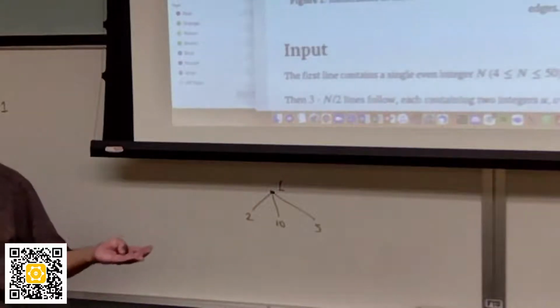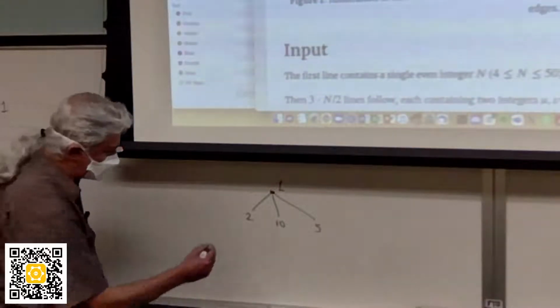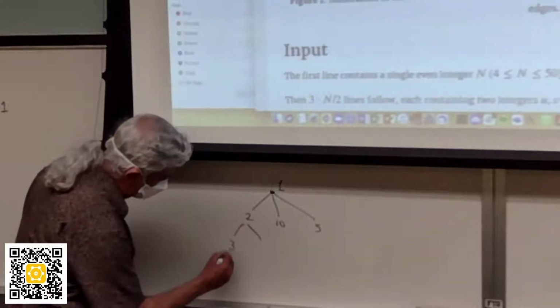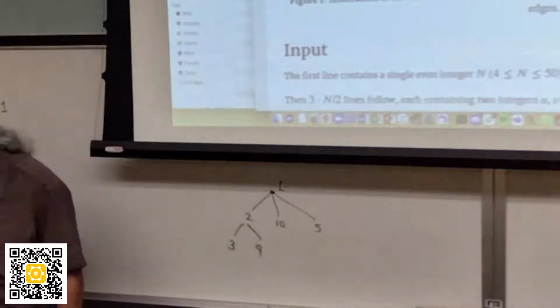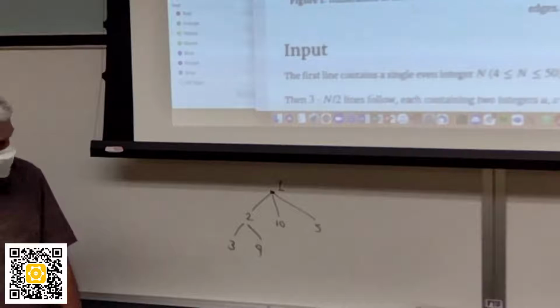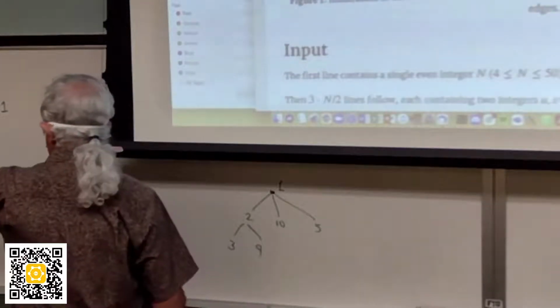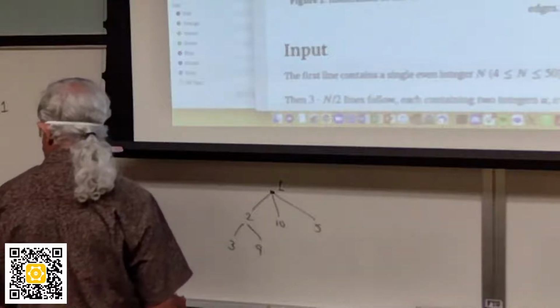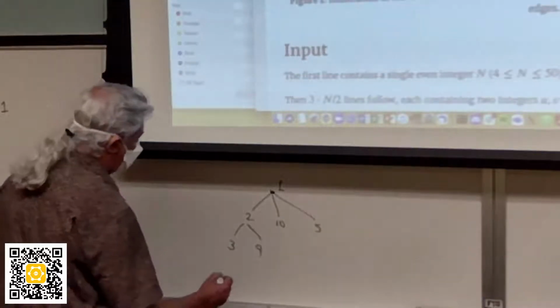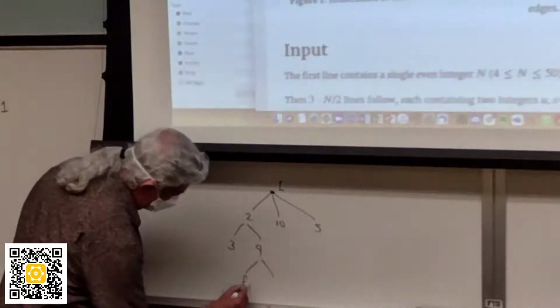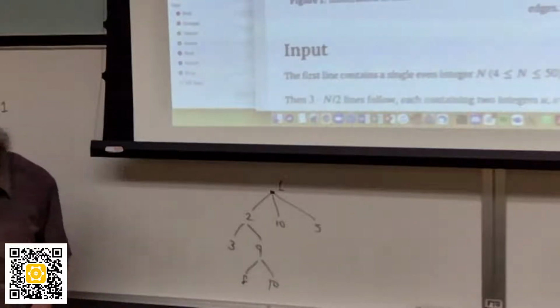Obviously, I don't want to go back to 1. So that means there are only 2 choices, 3 or 9. Right? If I were to go to 9, really I would have only two other choices, 8 and 10, and so on and so forth.